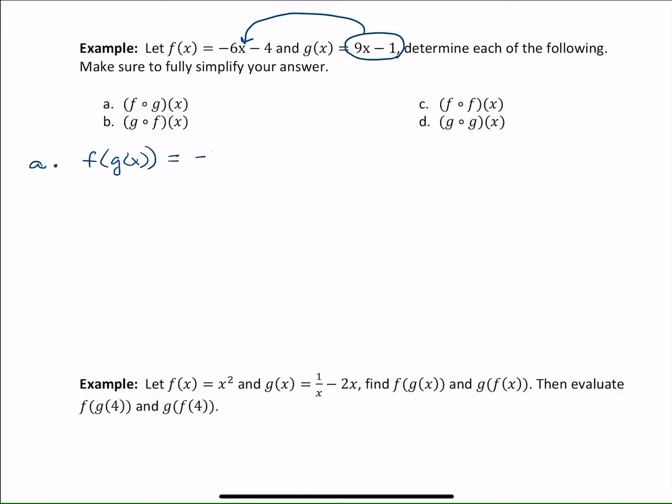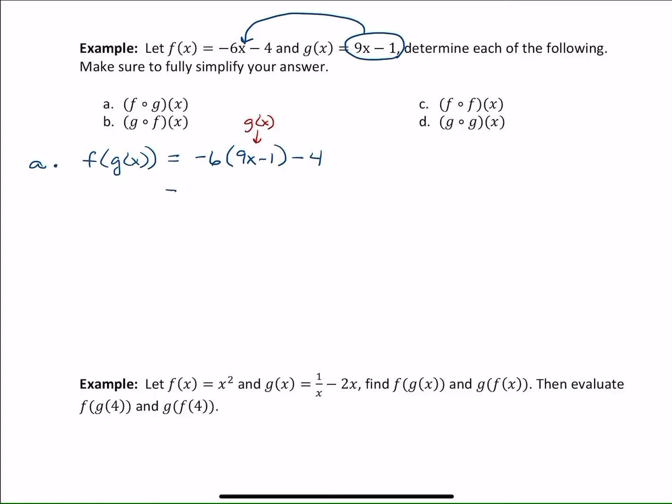So I've got -6, and where the x was, I'm going to put 9x minus 1, and then I have -4. So the whole function is my f of x, and I'm plugging in g of x where the x's are. And then you can simplify.